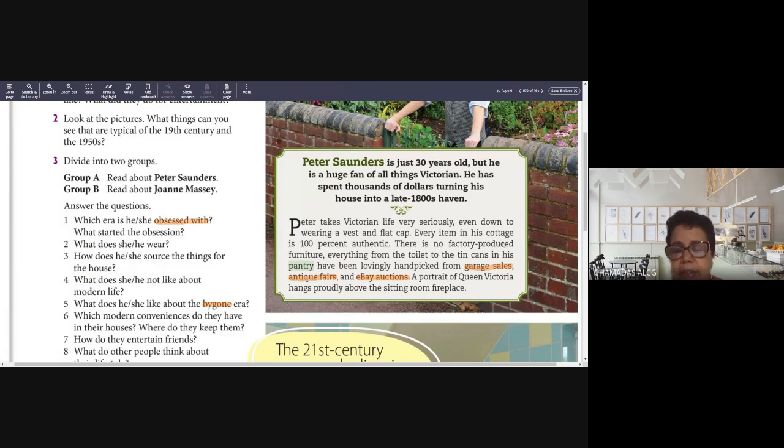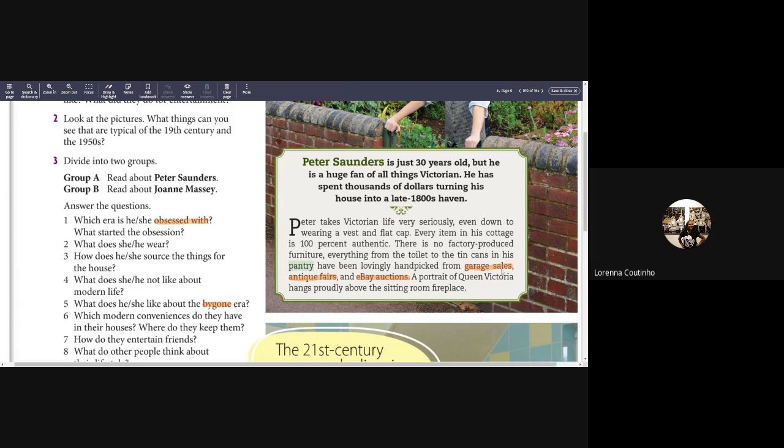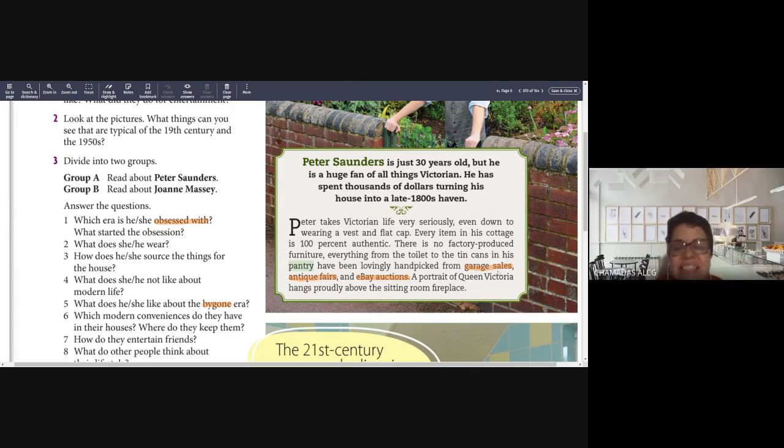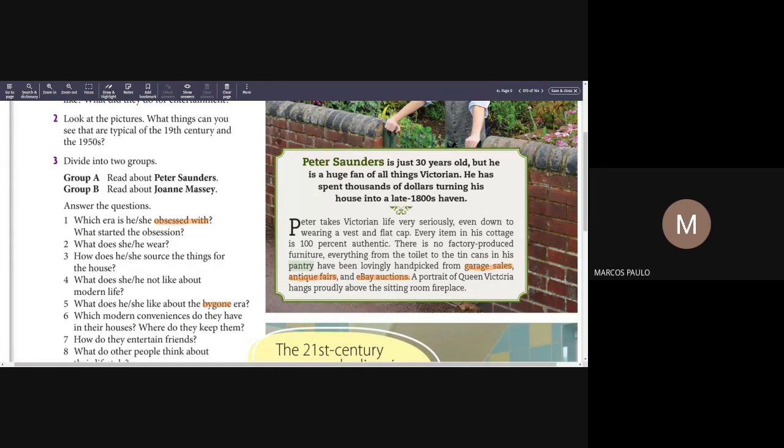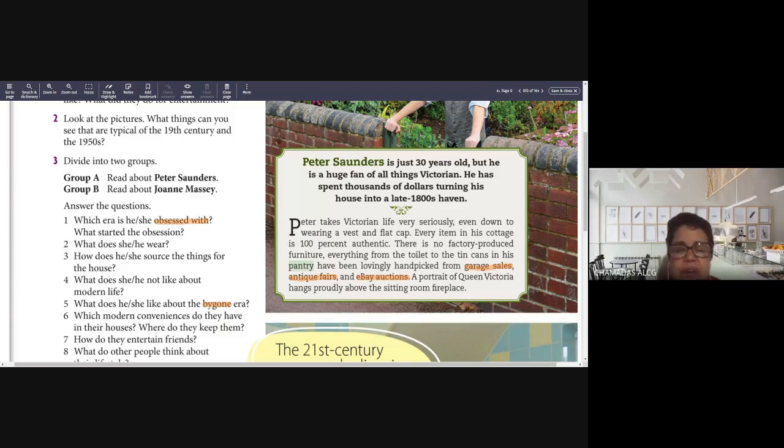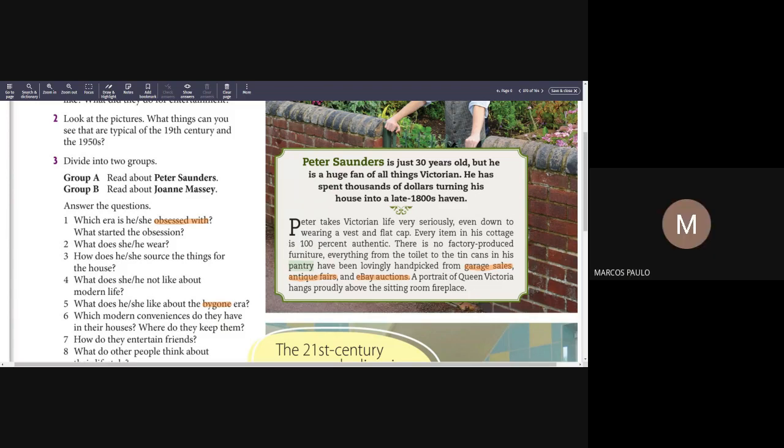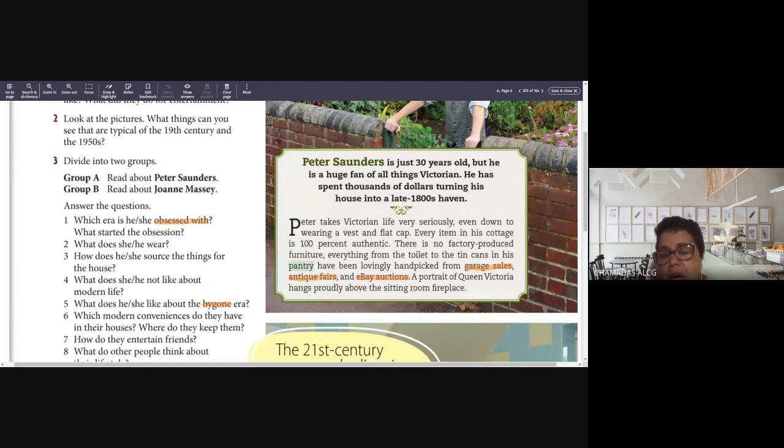Okay, guys. Garage sales, do you know? Uma venda de garagem, né? Yes. It's very common.